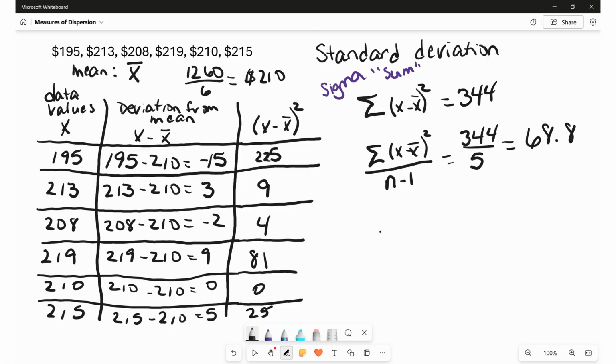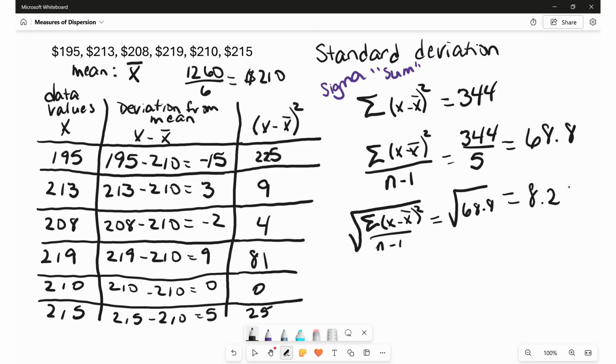Now, in order to standardize the deviation, we now need to take the square root of the sum of our deviations squared divided by n minus 1. So that's going to give us the square root of 68.8, which is approximately 8.29.